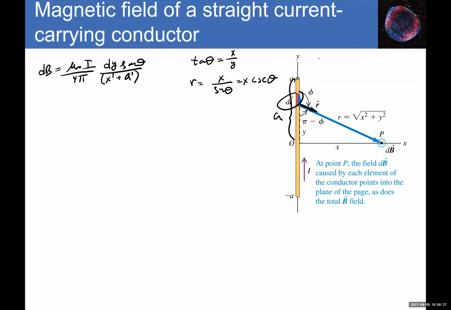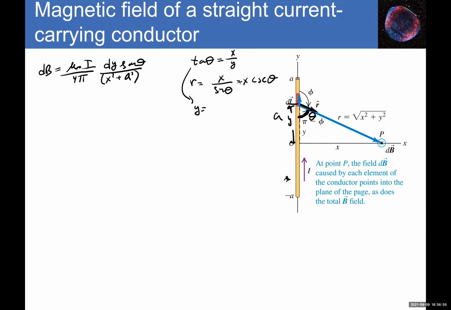From here, if tangent of theta is x over y, because remember, if I'm taking this to be my theta, x is the opposite, and y is technically the adjacent side.